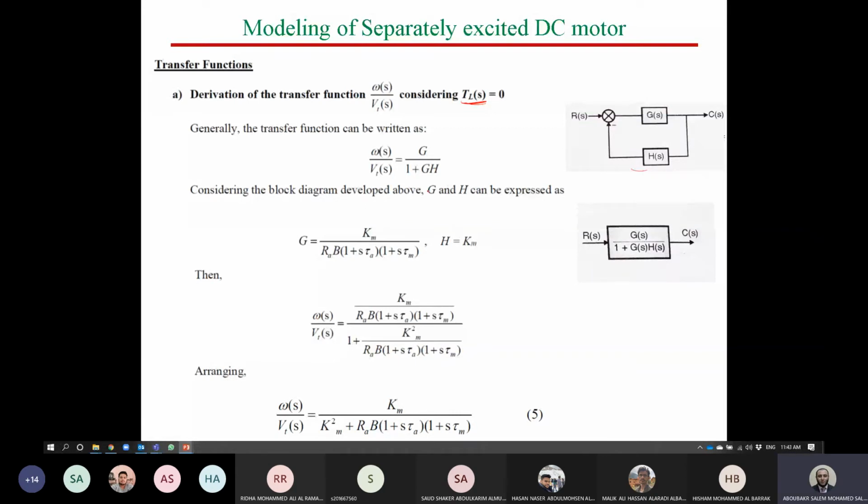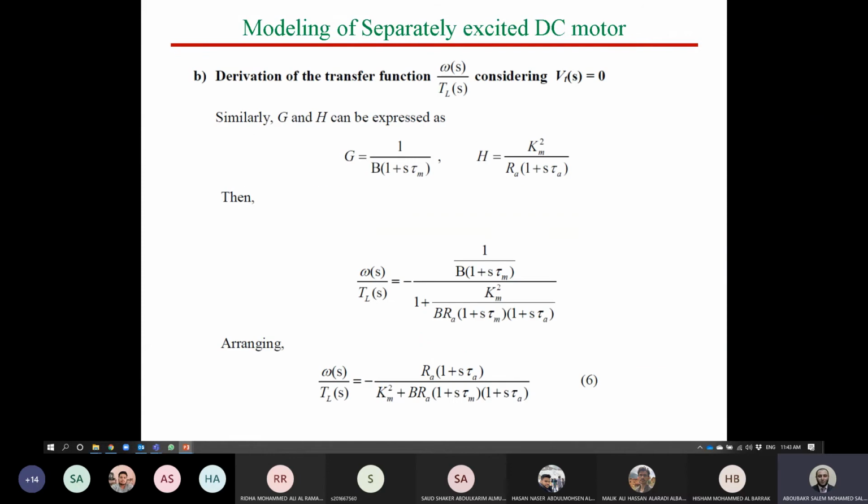We can also make another transfer function if we consider the input as TL and the output as omega, and considering Vt of S equals 0. So in this case, let's go again to the block diagram. If V equals 0, this means these 3 blocks are now considered as H, okay?